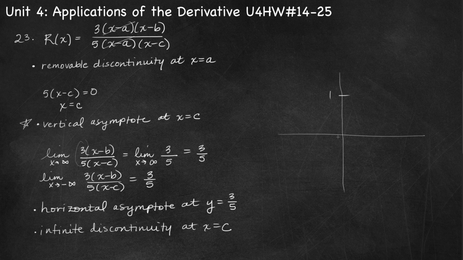So here's y equals 1. I know I have a horizontal asymptote at 3/5. I have a vertical asymptote at x equals c, and really it's my choice where I want to put that.